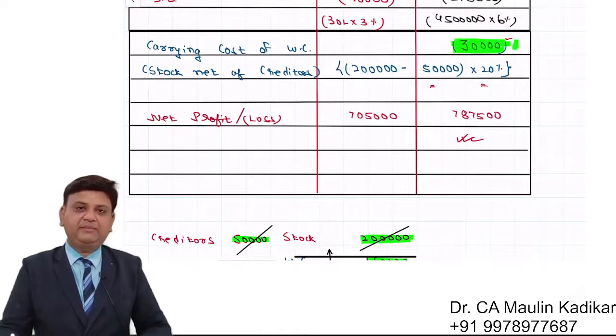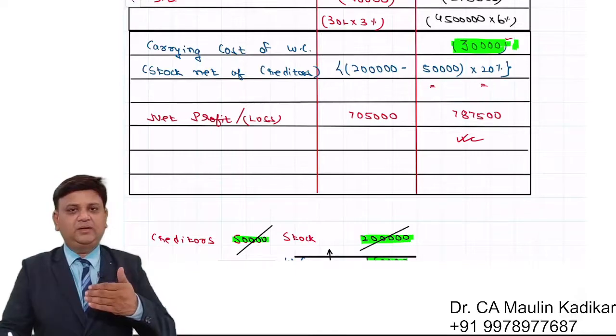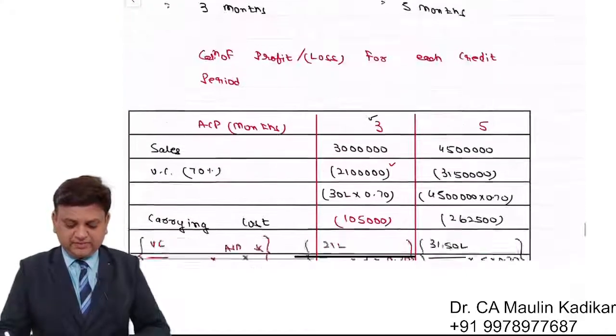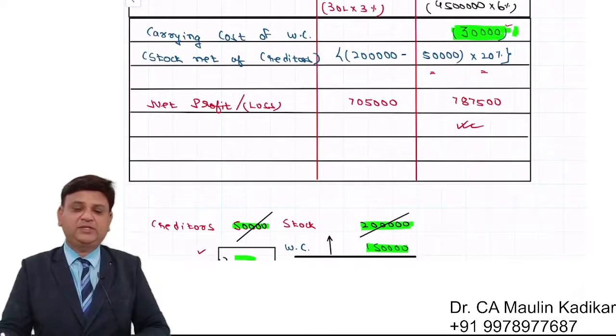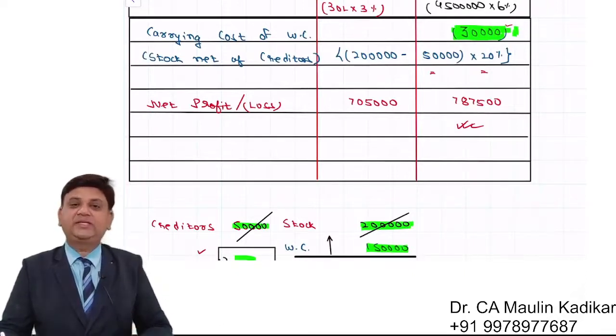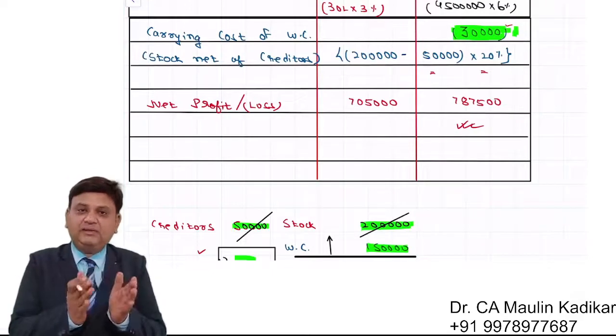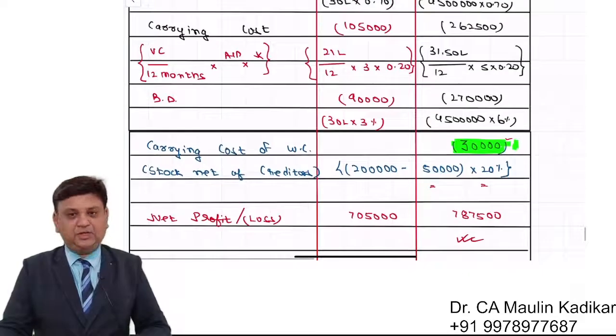Remember that once we increase the credit period from 3 months to 5 months, this additional investment of 1,50,000 is required not only for 5 months, but until the new credit policy remains implemented. So we have calculated the annualized carrying cost on the same 30,000 rupees.